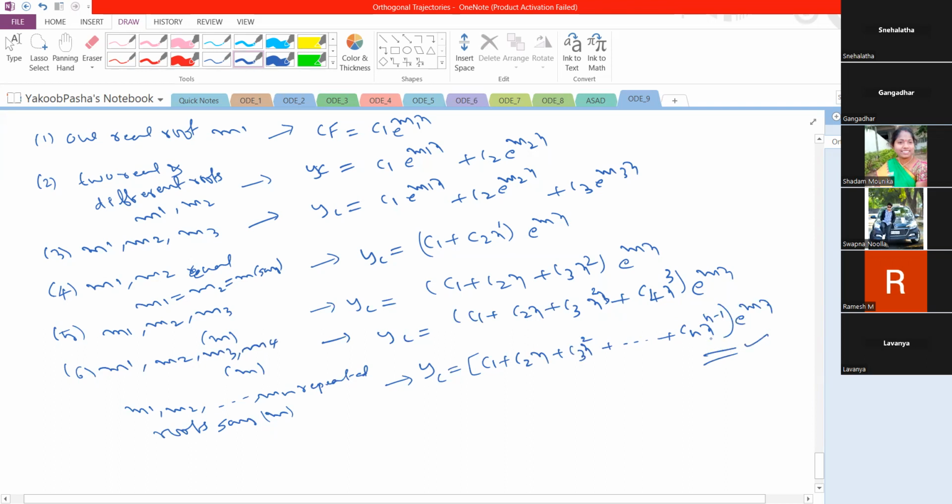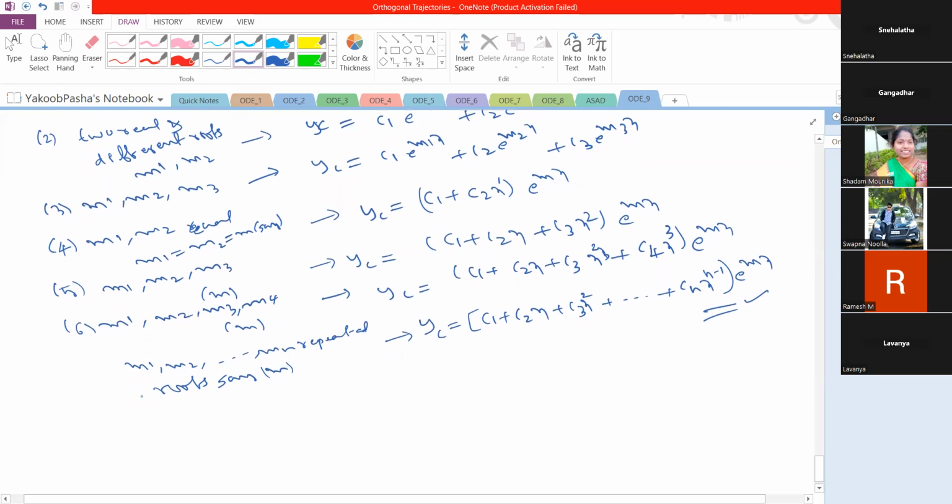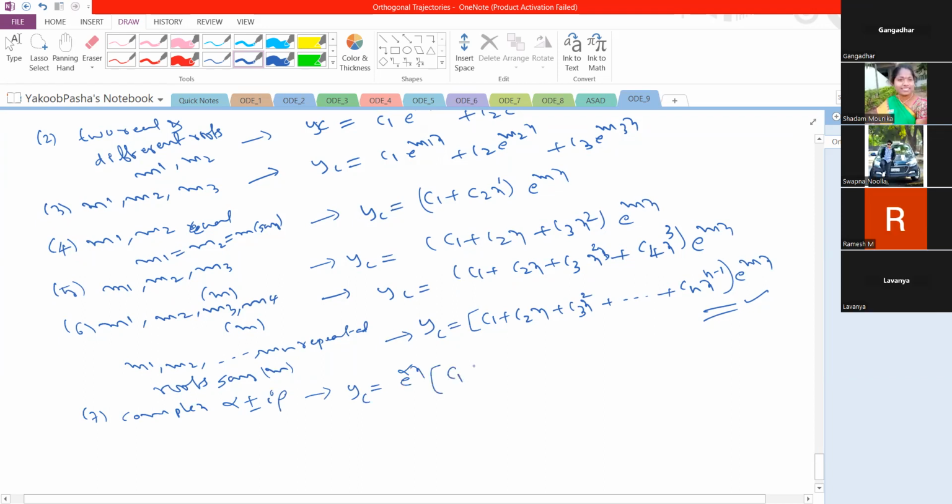And if two roots are complex numbers, for example alpha plus or minus i beta, then the corresponding complementary function is yc is equal to e to the power of alpha x into (c1 cos beta x plus c2 sin beta x).